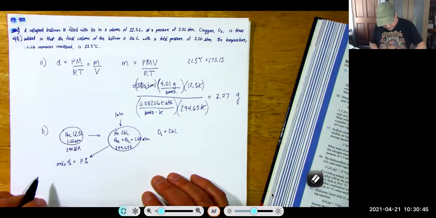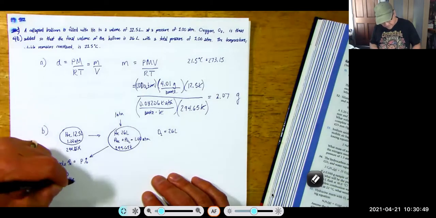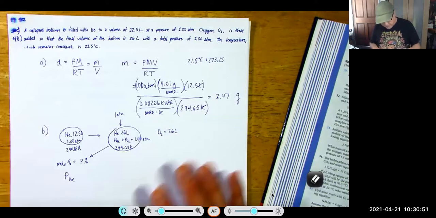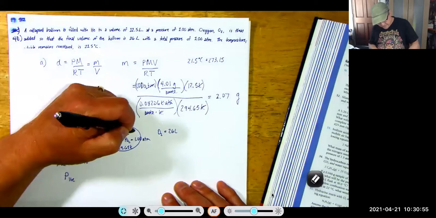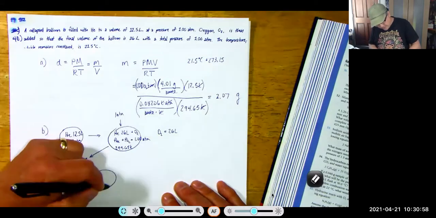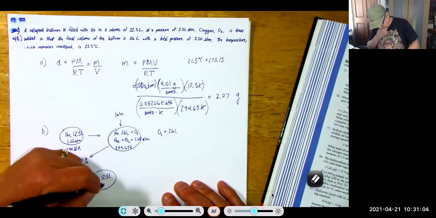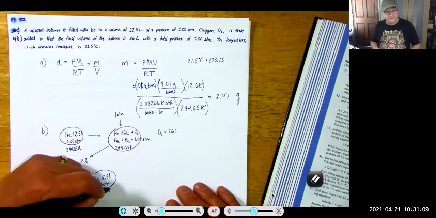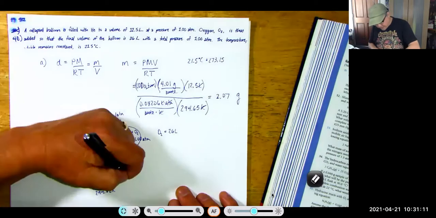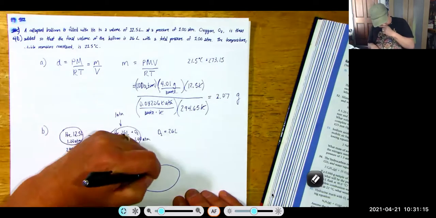The way to do this would be, first, calculate the partial pressure of helium. We're going to say you have helium, 12.5 liters, 1 atmosphere, and 294.65 K. And now we've got helium at 26 liters.